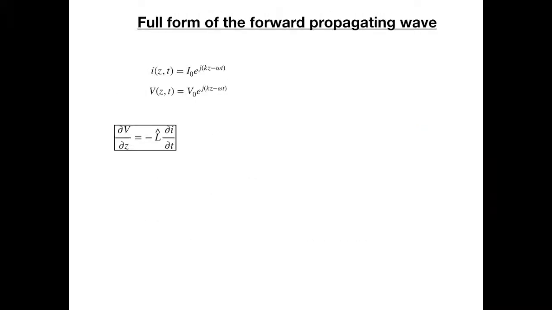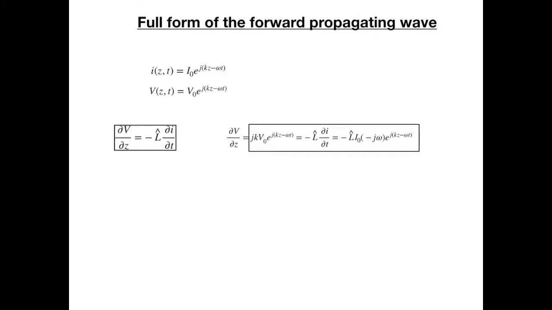Okay, let's look at the full form of the wave and try to find what the relation between the voltage and the current is. Using the telegrapher's equations and substituting, we get that the change in the voltage with respect to z is just taking the derivative, namely multiplying by jk.